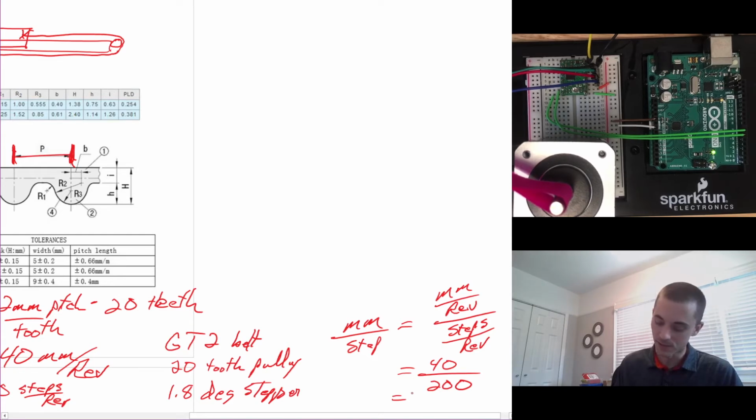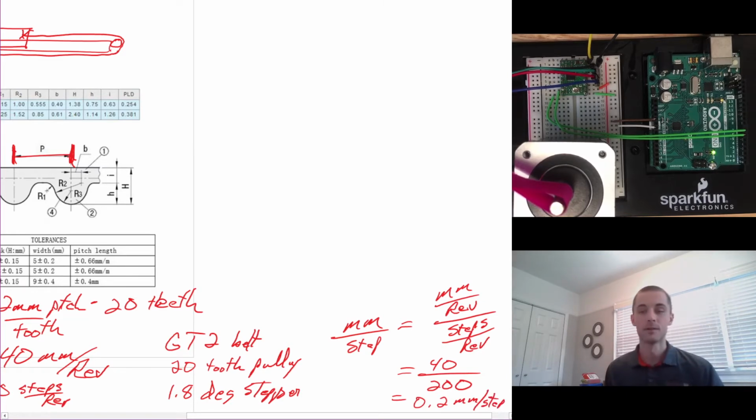So we get, and I'm going to use my calculator because I just messed up writing so many times, 0.2 millimeters per step. And so we know exactly per step how far we should be traveling.